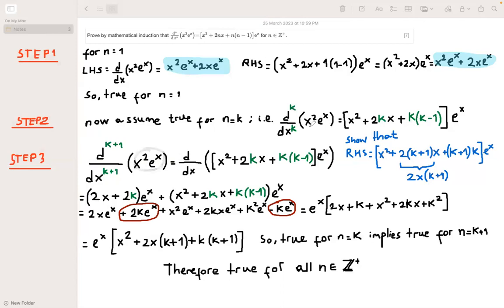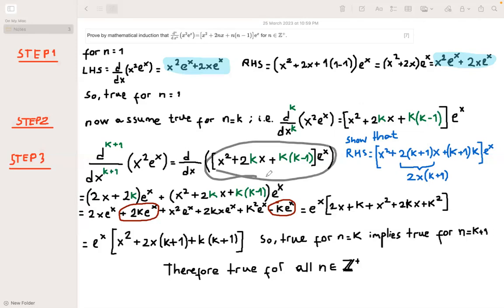But from my assumption, I know that the derivative of x squared e^x is this one, so I'll just replace it here. This is the tricky part. Once you have the (k plus 1)th derivative, it's the same as taking the derivative d/dx one more time of the assumption part. Now I need to take the derivative of what's inside.